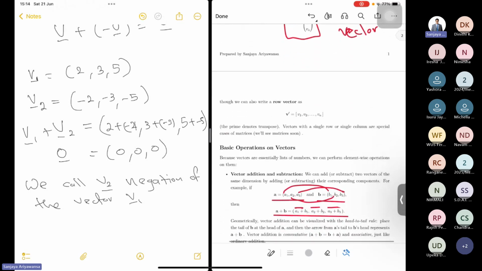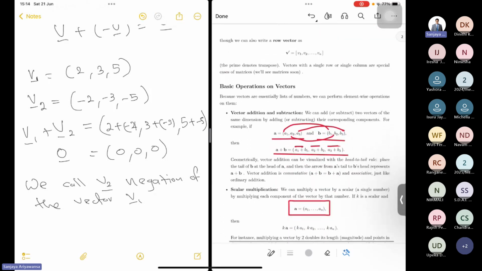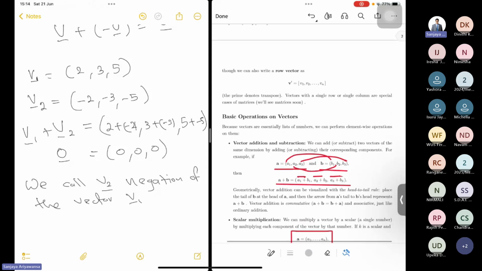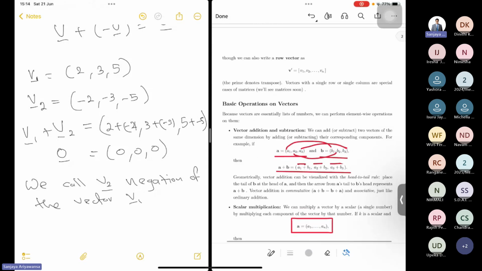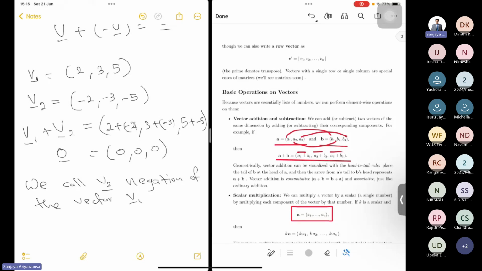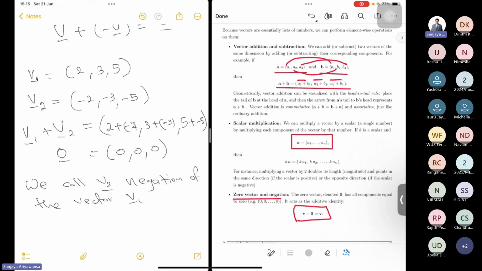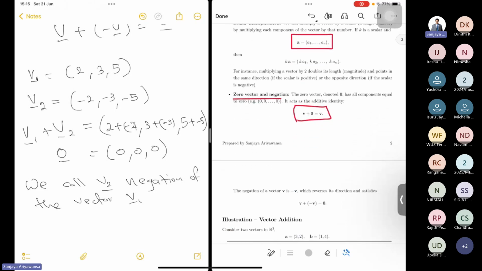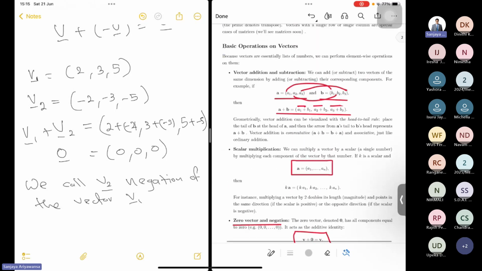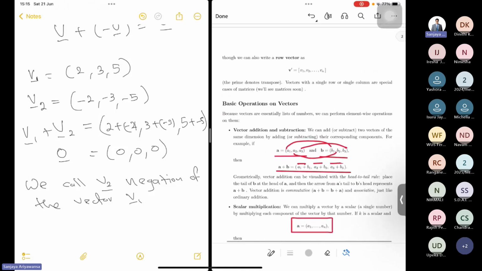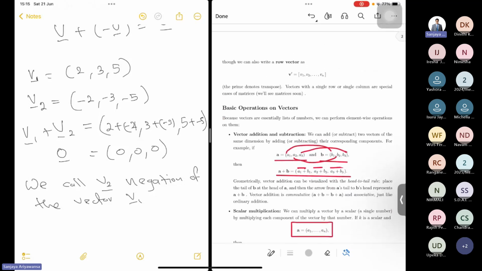Then we looked into some of the very basic operations on these ordered lists of numbers, which is vector addition and subtraction, multiplying a vector by a scalar, the zero vector, and finally the negation of a particular vector.